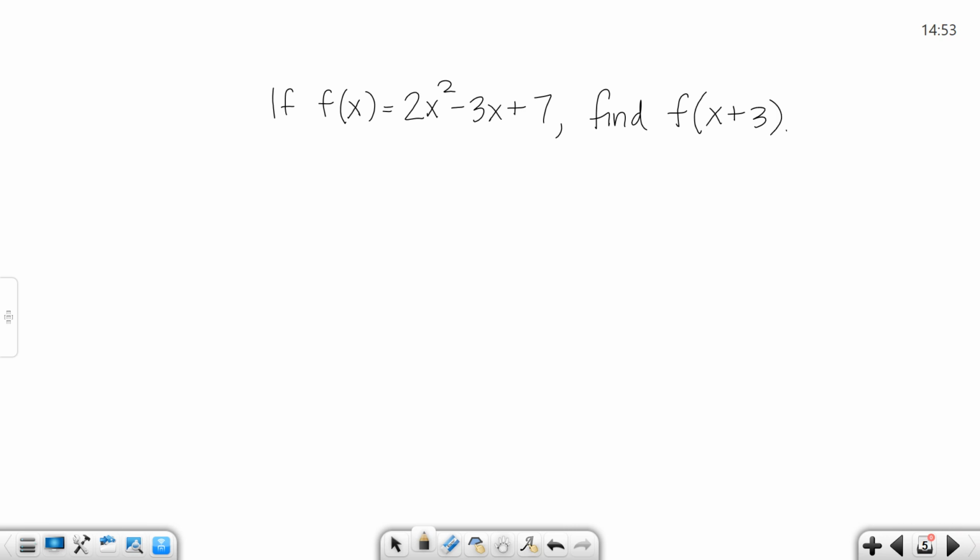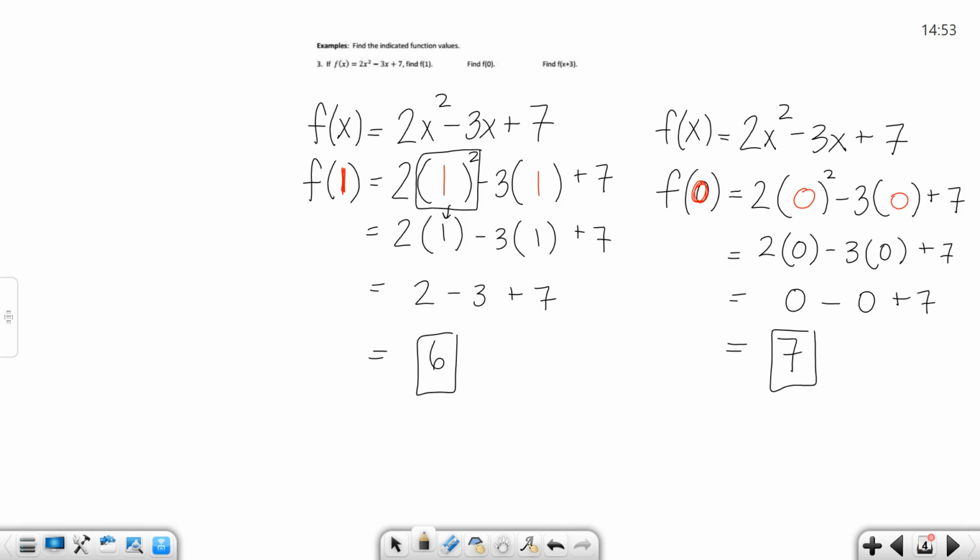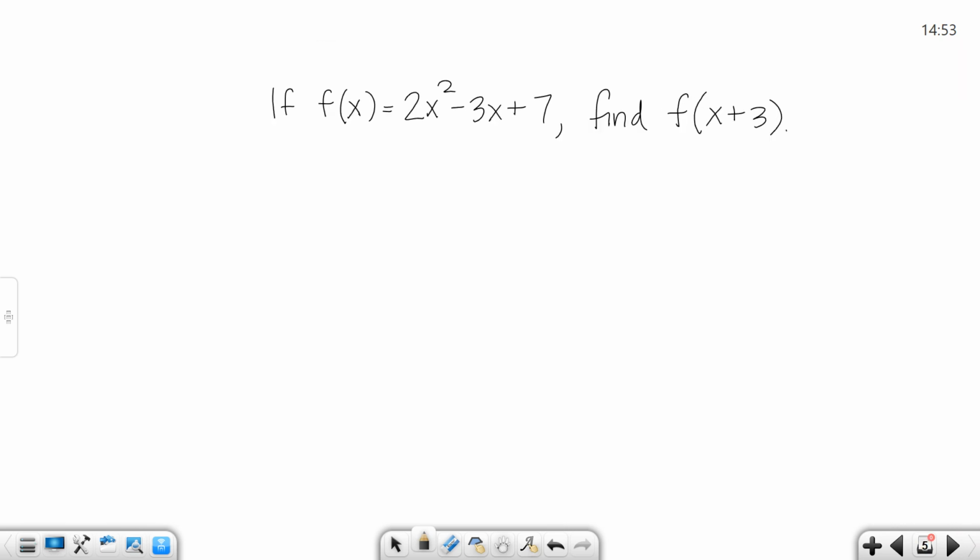Okay, so here's what the problem looks like. Let me double check it, make sure I copied it correctly. Sorry about that. Okay. Now I'm going to evaluate a function just like I have in the prior 2 examples. So this would be 2x squared minus 3x plus 7.